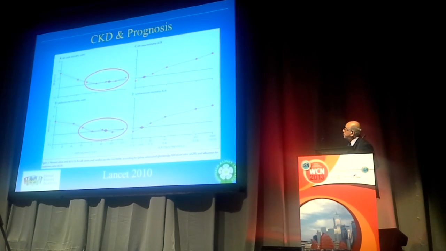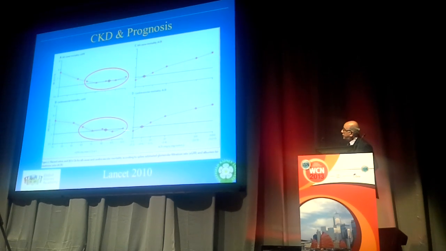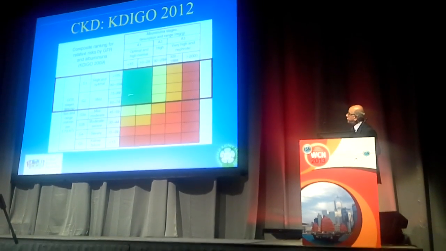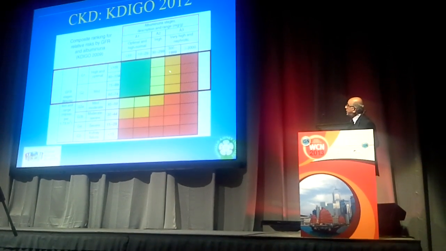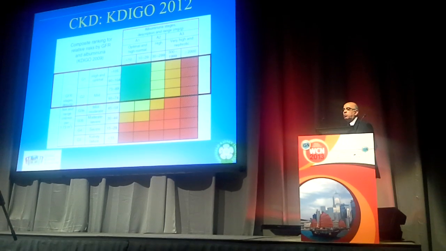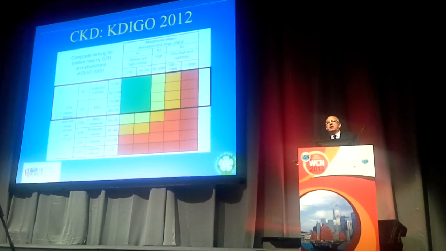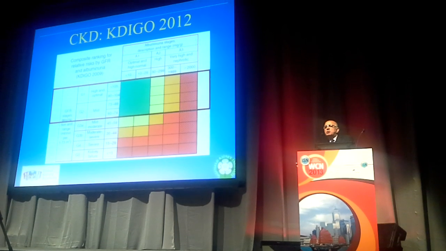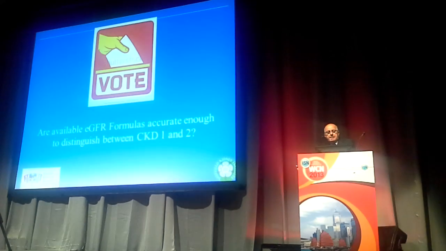If you look at the prognosis in relation to GFR and all-cause mortality from 120 all the way to 70 or thereabout, and on cardiovascular, no difference. If you look at the new classification, whether you are G1 or G2, it's albuminuria that drives the risk, not G1 and G2. So the question we have to ask ourselves, why distinguish G1 from G2?